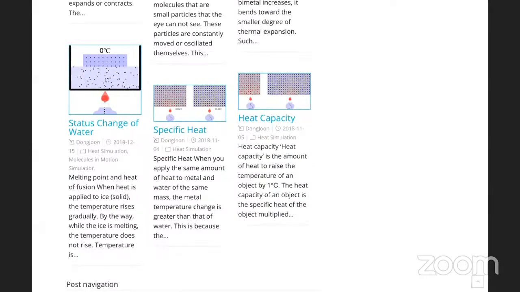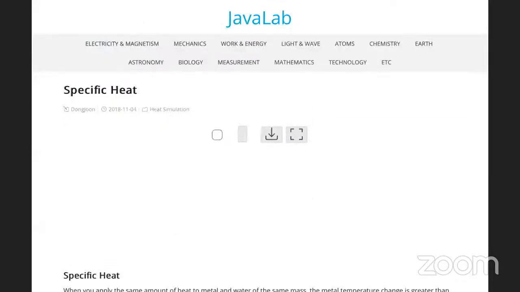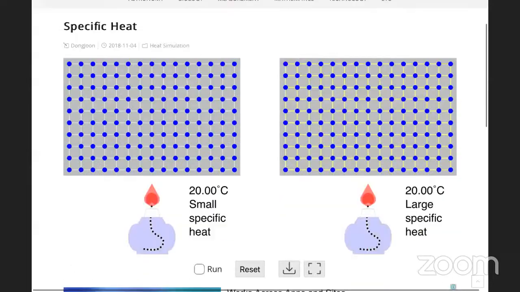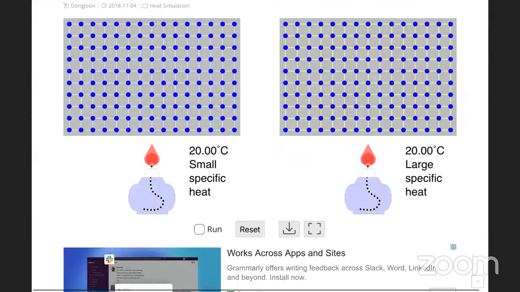I'm going to show you about the heat capacity. Here we have two substances. This is a simulation for specific heat, not what we're doing. This will cause a temperature change. We are heating something at 20 degrees Celsius.